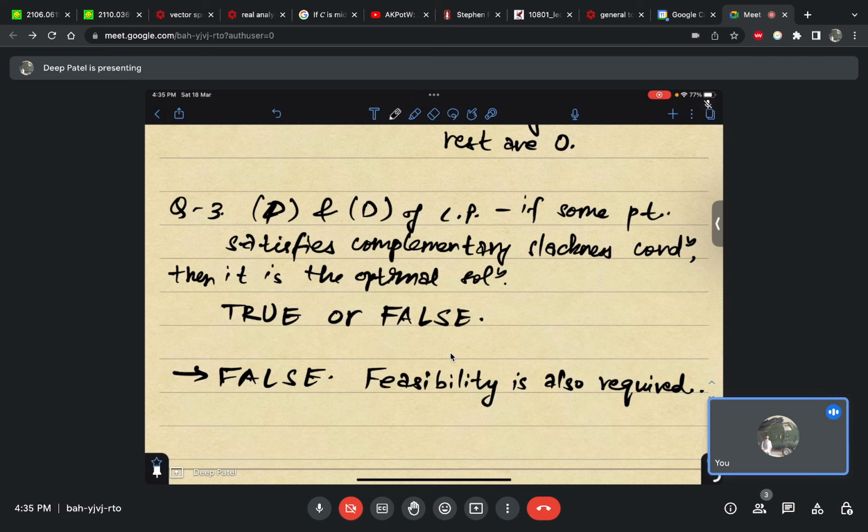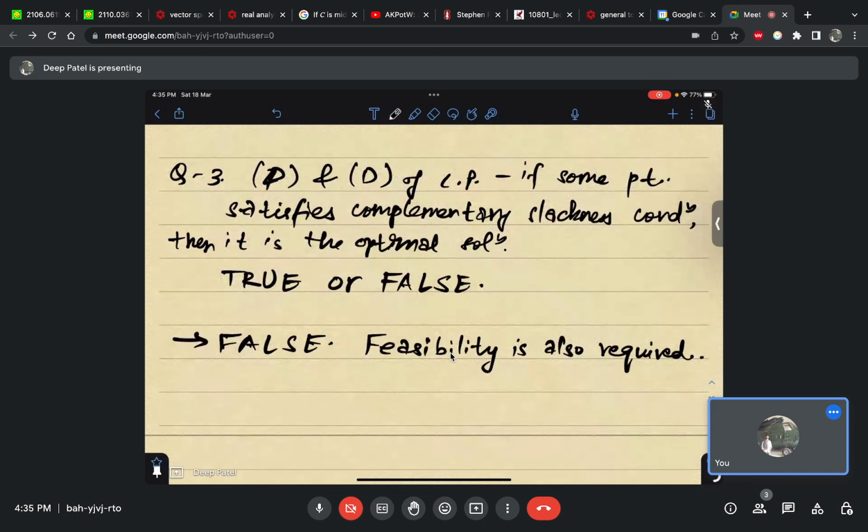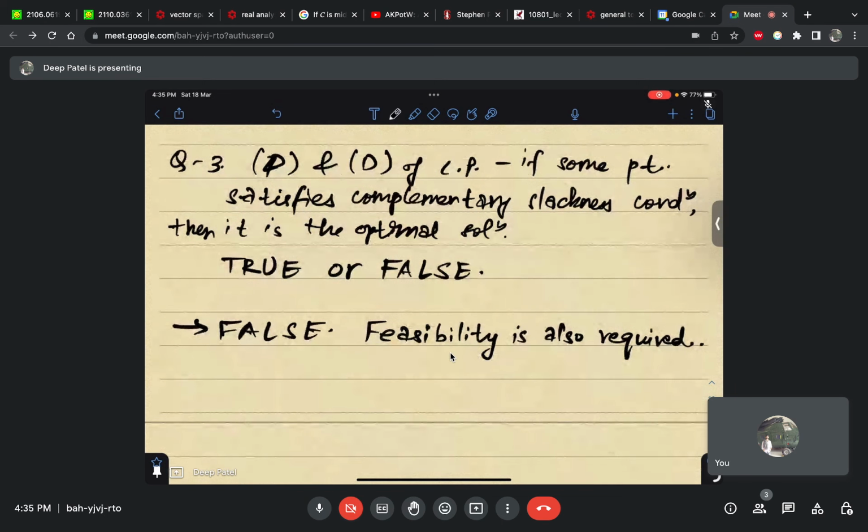The slackness condition could be satisfied by some other combination also. What we want is a combination that also belongs to the feasible set. By itself, the complementary condition does not impose any constraint that you have to be in the primal feasible region or the dual feasible region. All that we are trying to capture using complementary slackness, okay, fine.